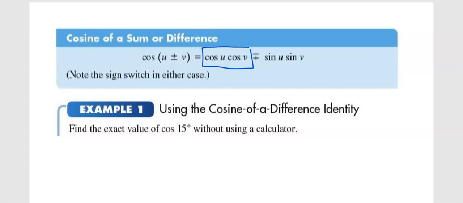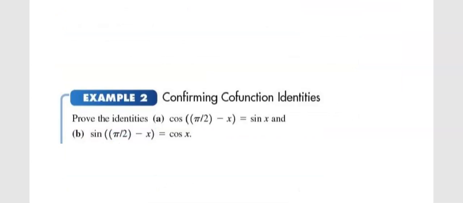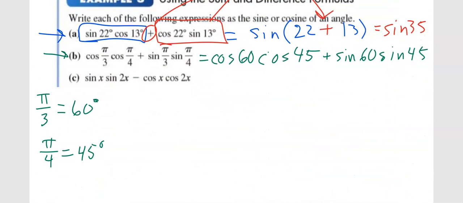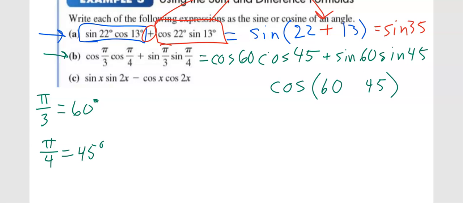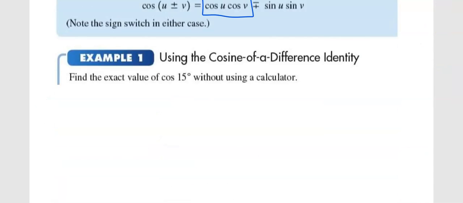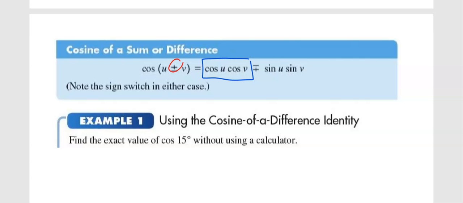So we know that this expanded form came from a cosine. What are we going to do with those two angles? Well, the cosine formula says that we change the sign.